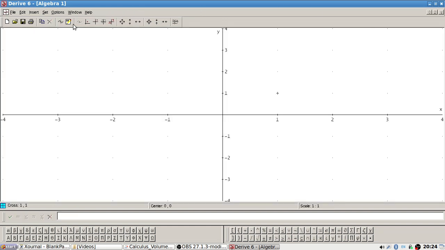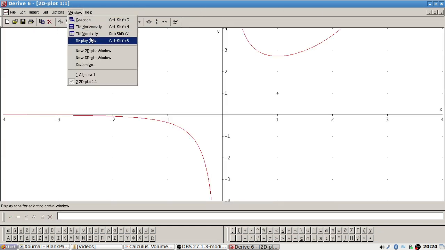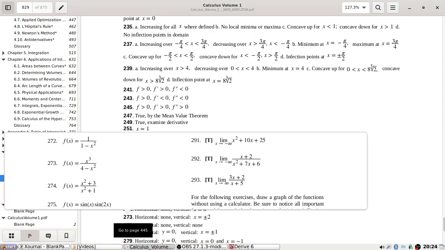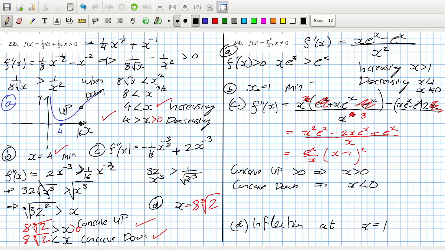Okay. Now, let's see. Okay. Concave down and concave up. That definitely checks out.